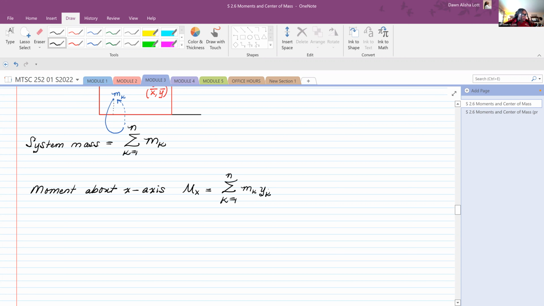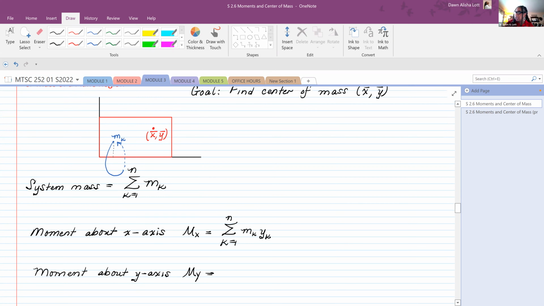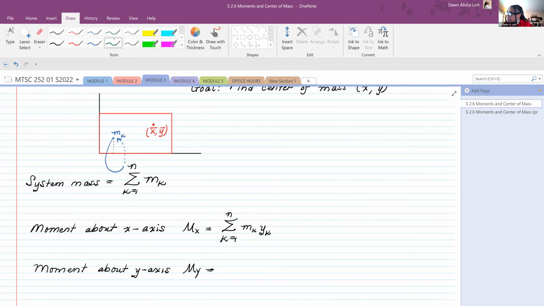Okay. And then the moment about the y-axis, so that's my. And that means this thing now wants to rotate about the y-axis. So it wants to go like that.